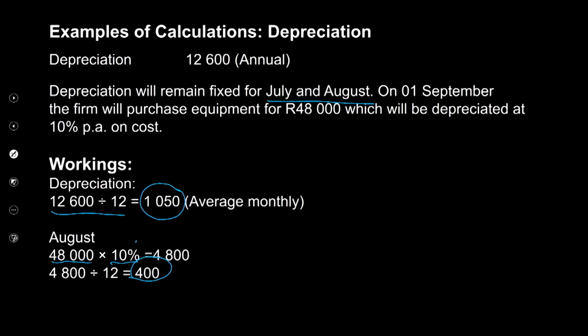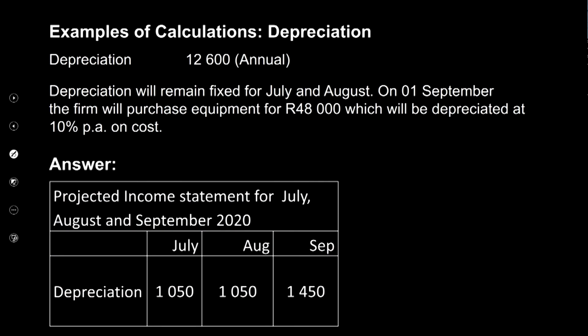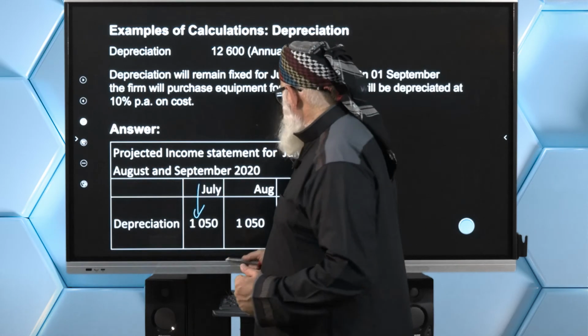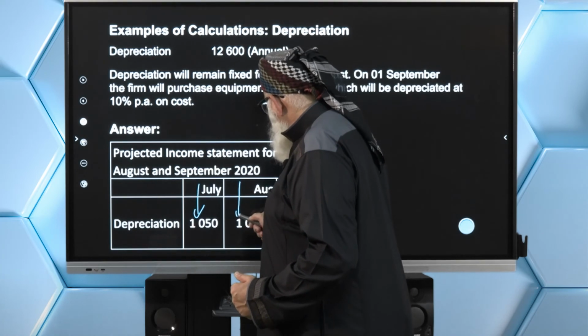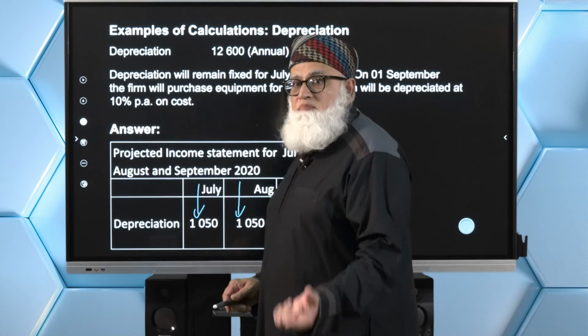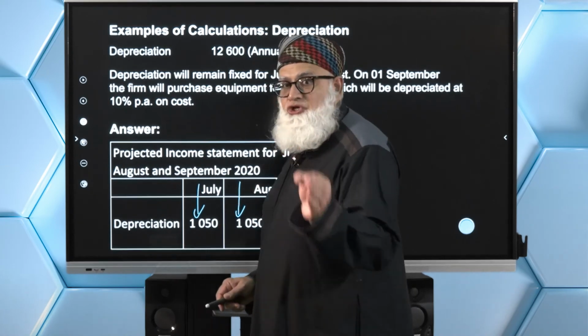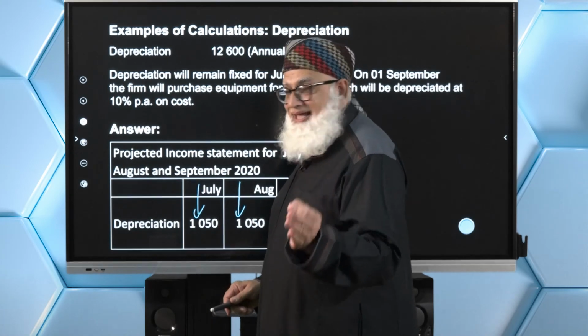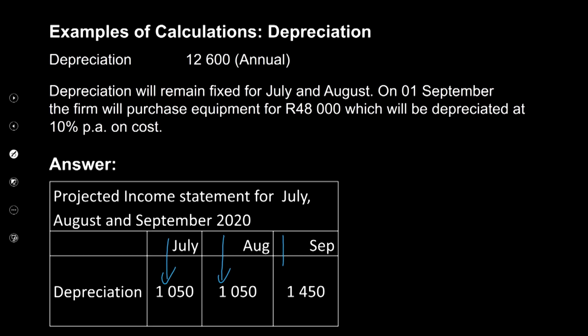This means, therefore, let's look at this here. July, it was constant. There was no change in my depreciation, therefore 1050. August, no change in my depreciation, 1050. However, because we purchased the new equipment, watch what will happen.